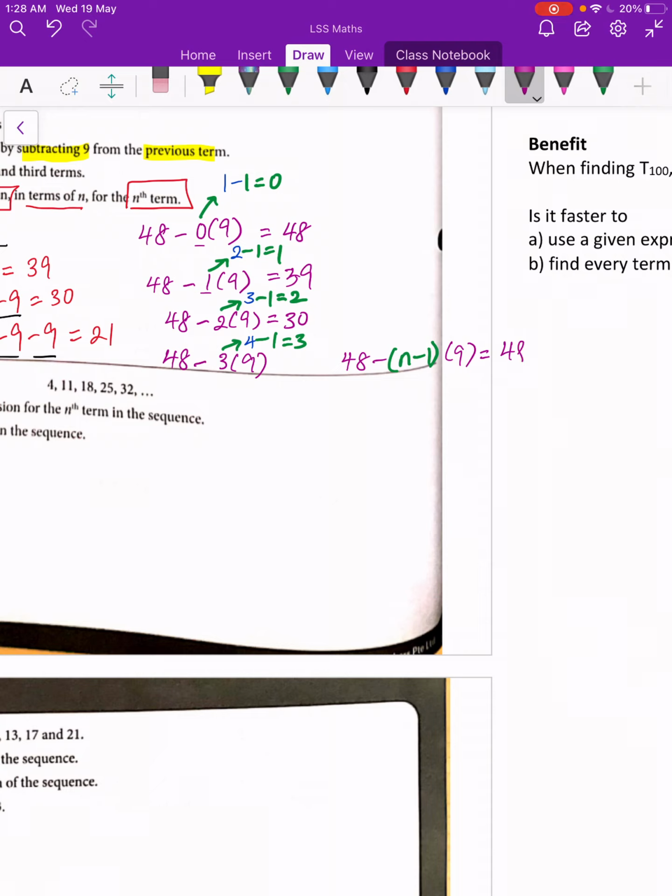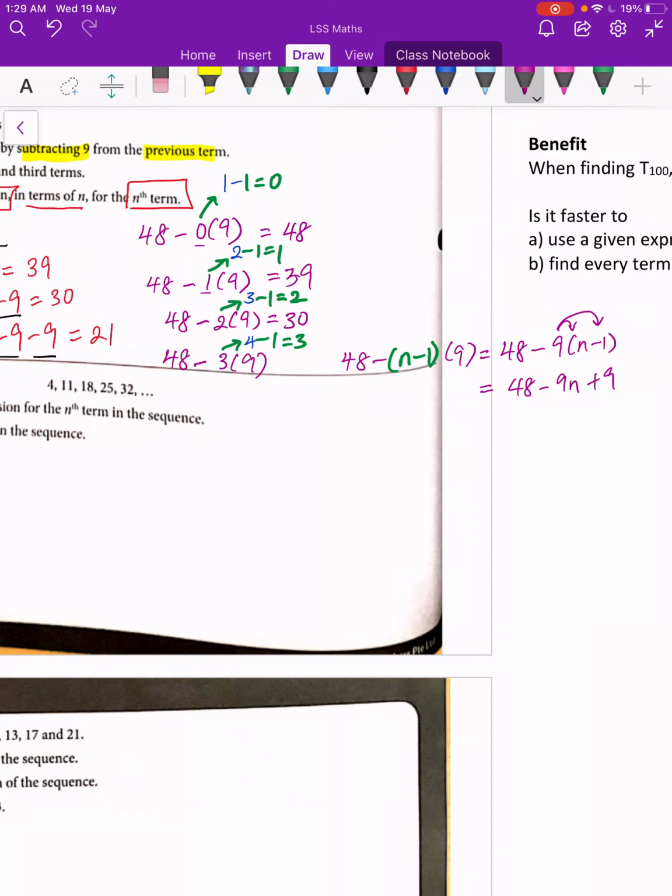So 48 minus 9 times n minus 1, where the bracket means multiply. So 48 minus 9n. Minus 9 times minus 1 is plus 9.